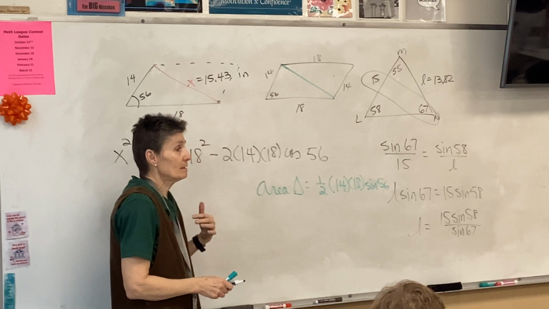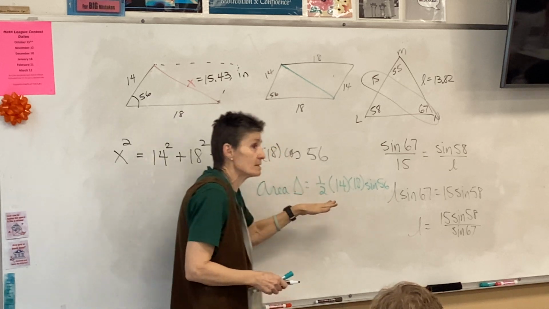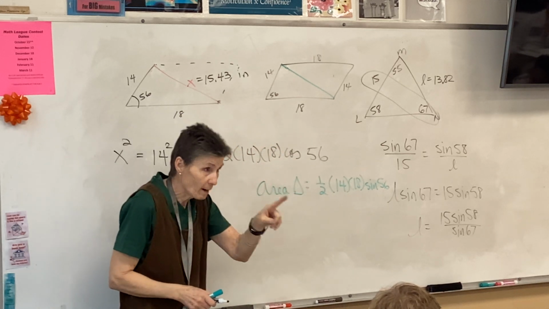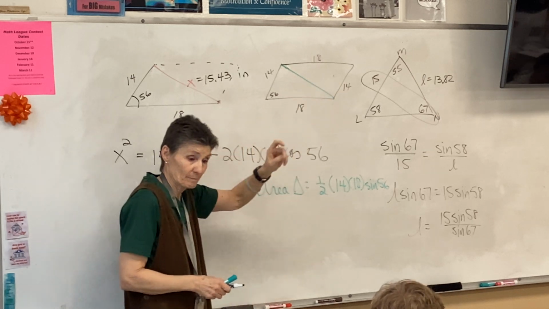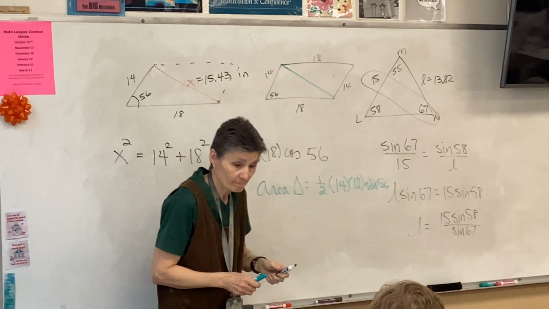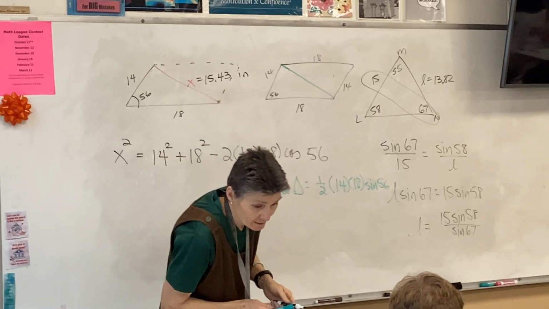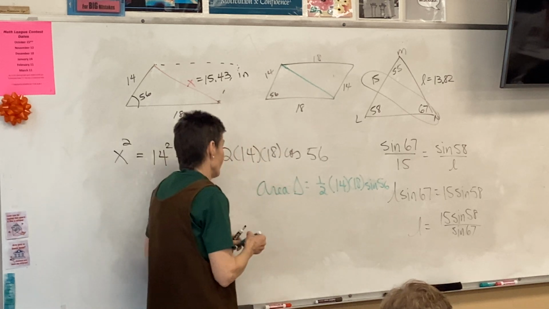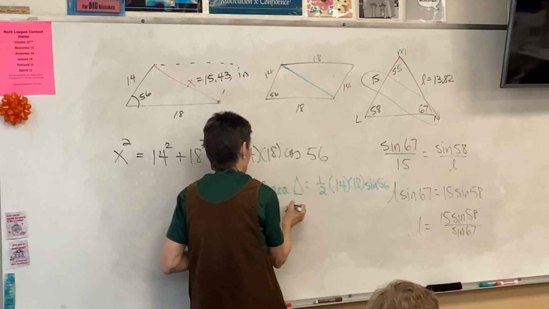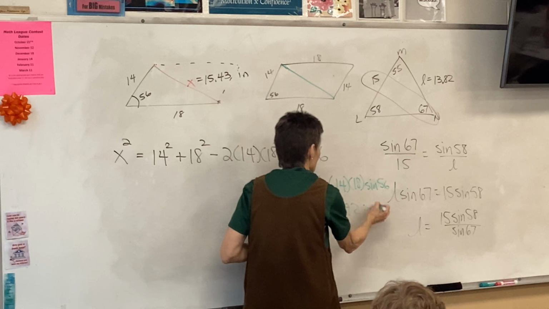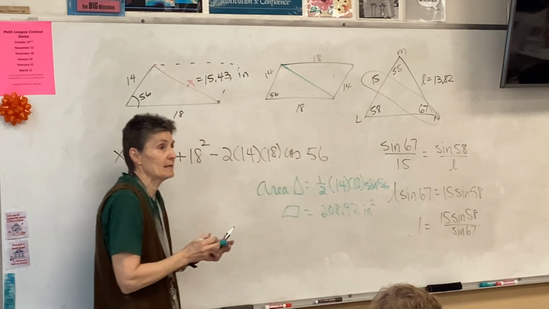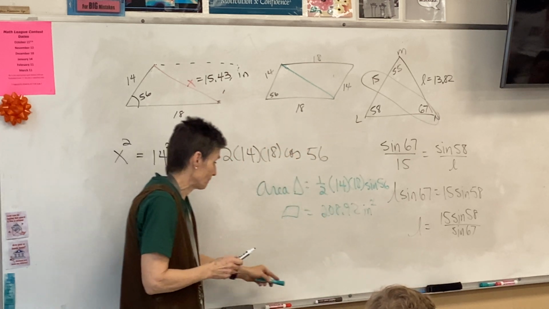And then, whatever that is, you need to double it, because there's 2 triangles that make up the whole figure. So Evan got 208.92, and that would be square inches. Did anyone else get that? Look good?